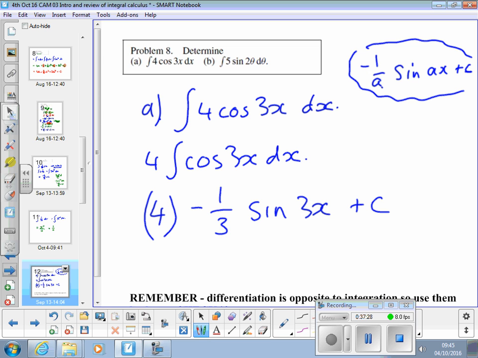Oh, hang on. Yes, picked the wrong one. So that's not negative. That's 4 times a third, so equals 4 thirds sine 3x plus c. And you could check that by differentiation if you wanted to.